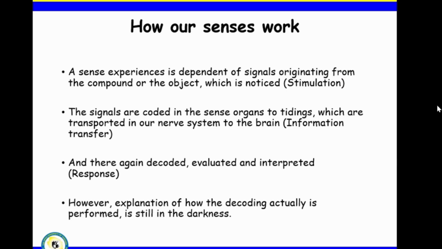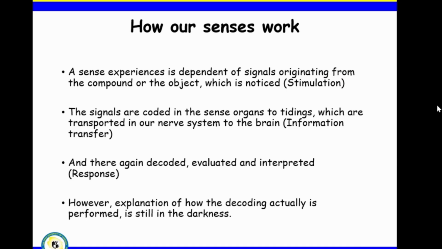You need to be stimulated, and then the signals are coded in our sense organs, and then the information is transferred to the brain so that the brain can detect and respond to that signal, and evaluate and interpret, and get that interpretation that this object is red in color, or this juice is sweet. So all those are the sensory attributes we are talking about.